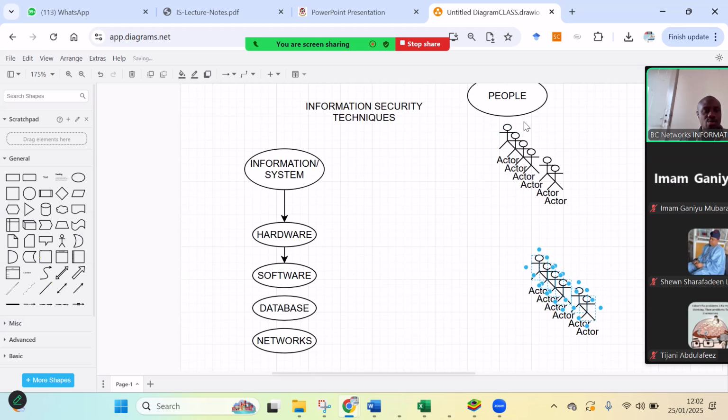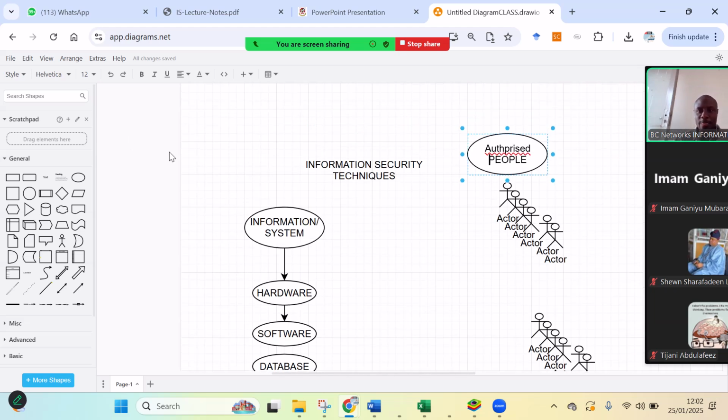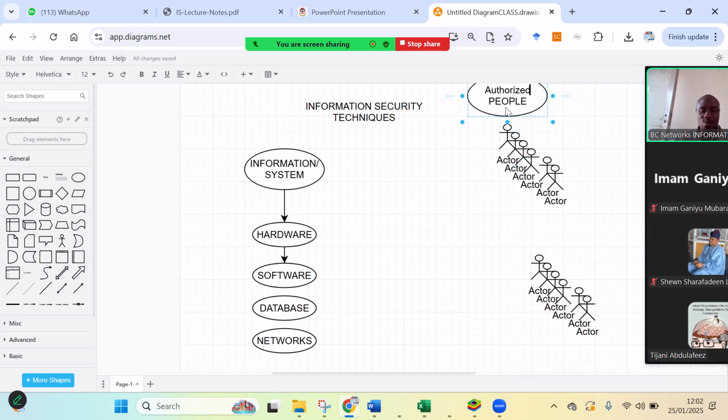Maybe we call these people authorized. Are you following that? That's authorized people. Then we have unauthorized people.